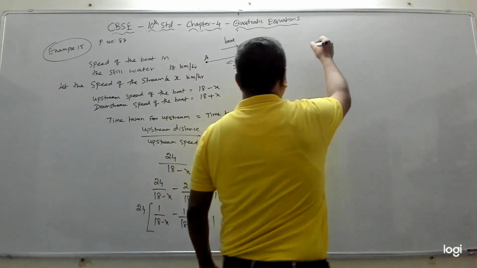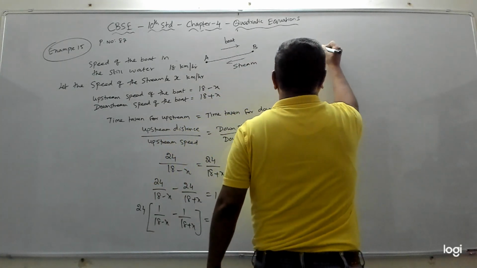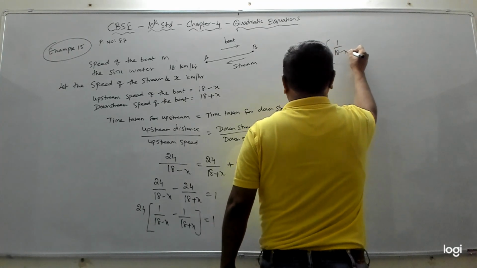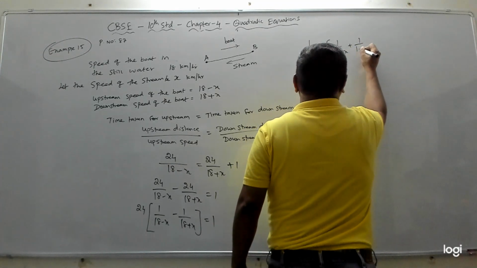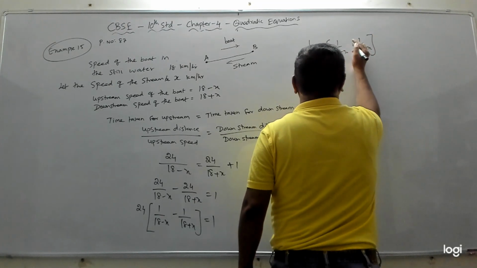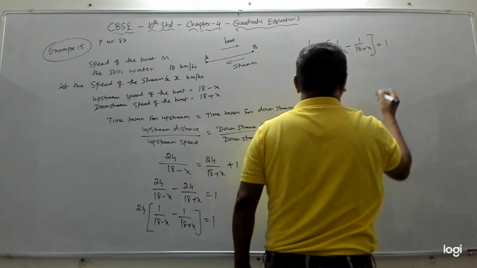So what does it become? You get 24 into, I am writing the same step again, 1 by 18 minus x minus 1 by 18 plus x equal to 1. Right?